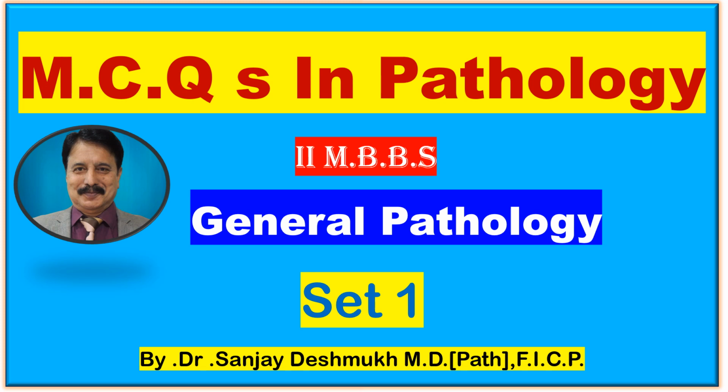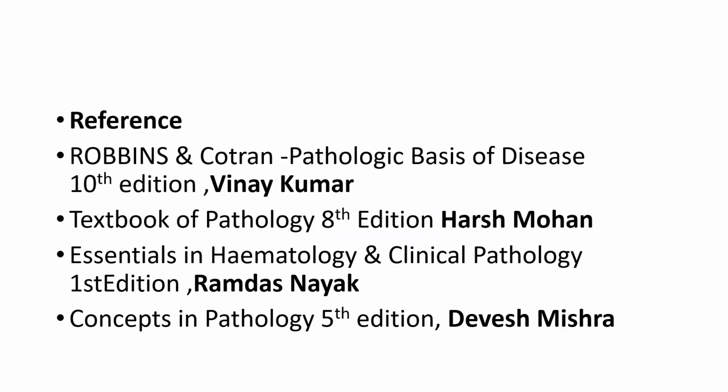However, I would advise you to just check the answers of other distractors so that the questions can be restructured by some other person giving emphasis to the other point. Now my references are the books that are commonly used by the undergraduate students: Robbins, Harshmohan and Ramdas Naik.